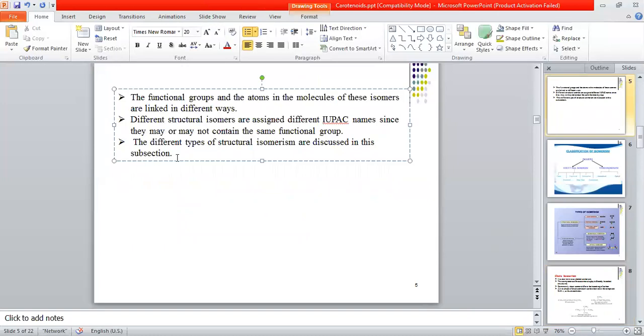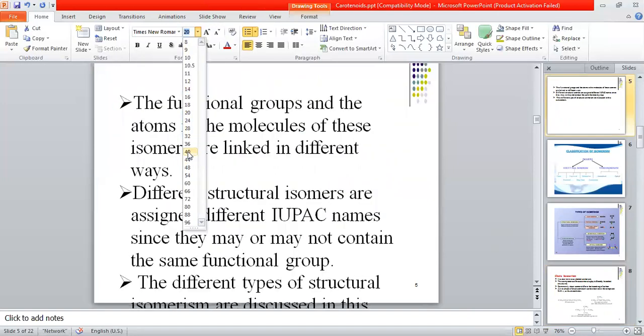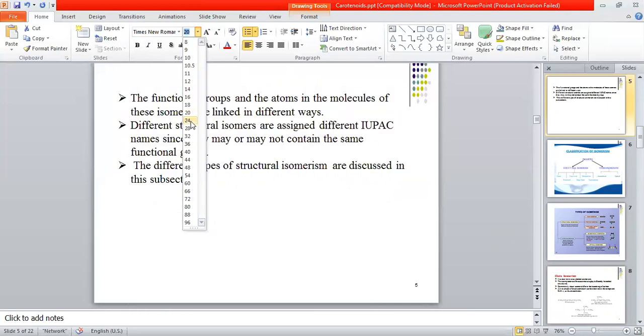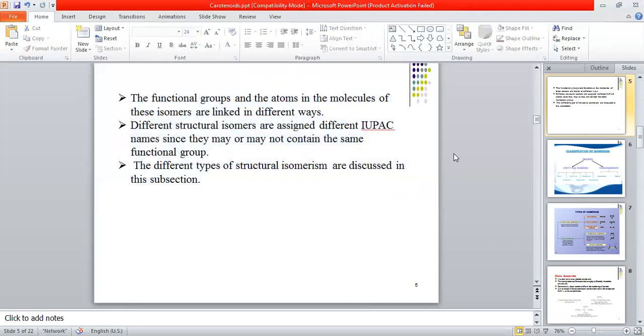Now what is this? This one is telling about the functional group. In this particular isomerism, what will happen? The functional group and the atoms in the molecules of these isomers are linked in different ways.